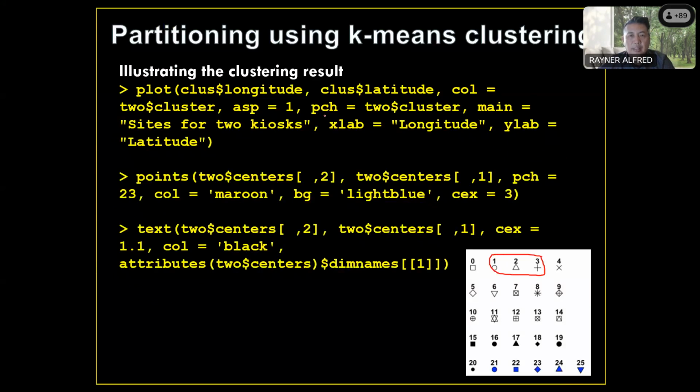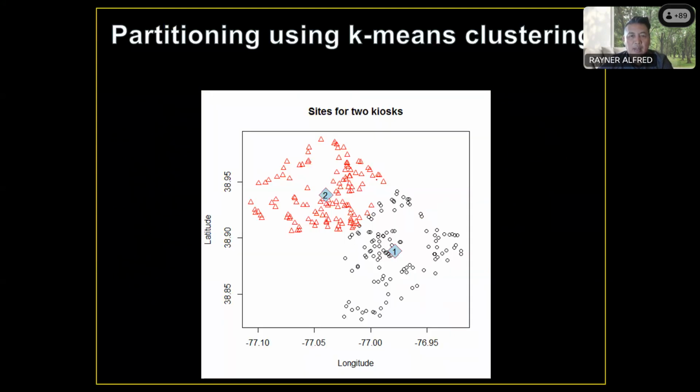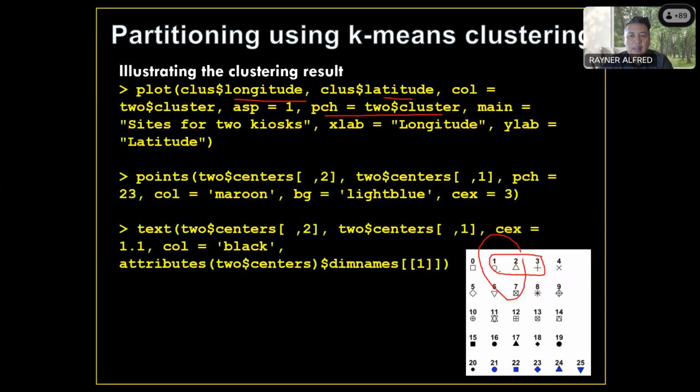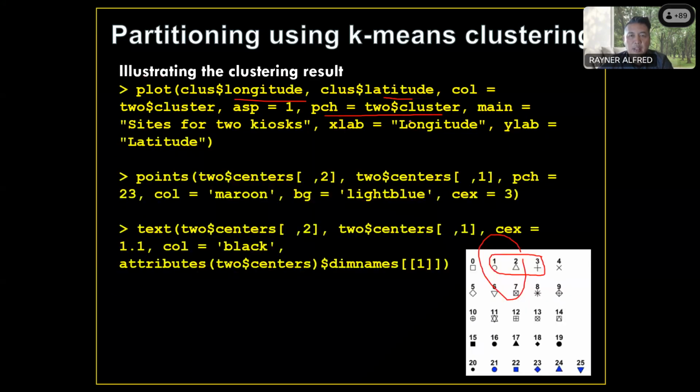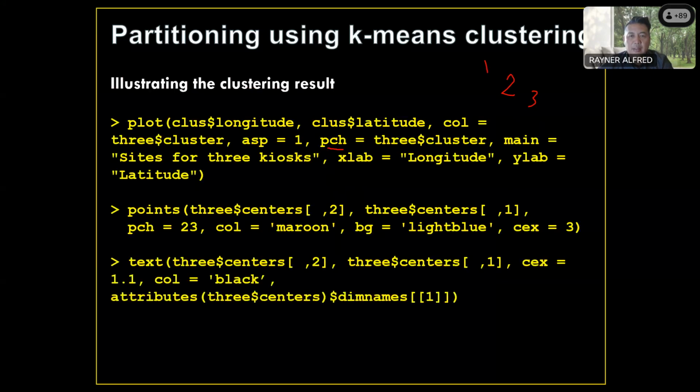So here we only have 1 and 2, and they are plotted using these symbols: the circle and the triangle. If you are using 3, that means you include this, so you will have this one.